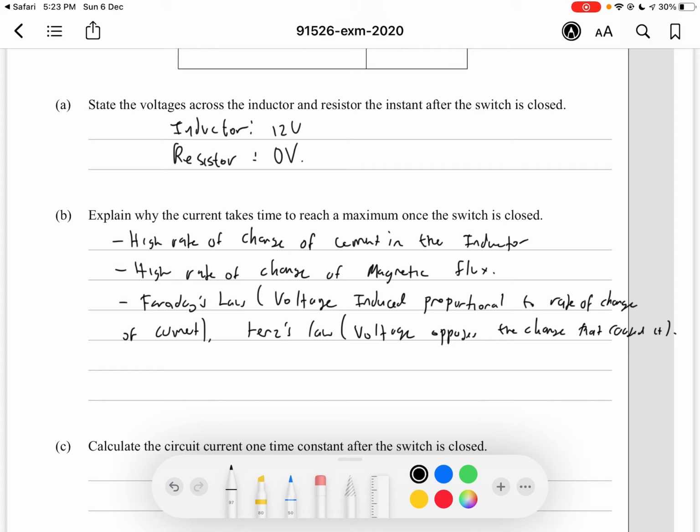You can say this is going to be opposing the source voltage. So, voltage induced opposes the source voltage, causing a delay.